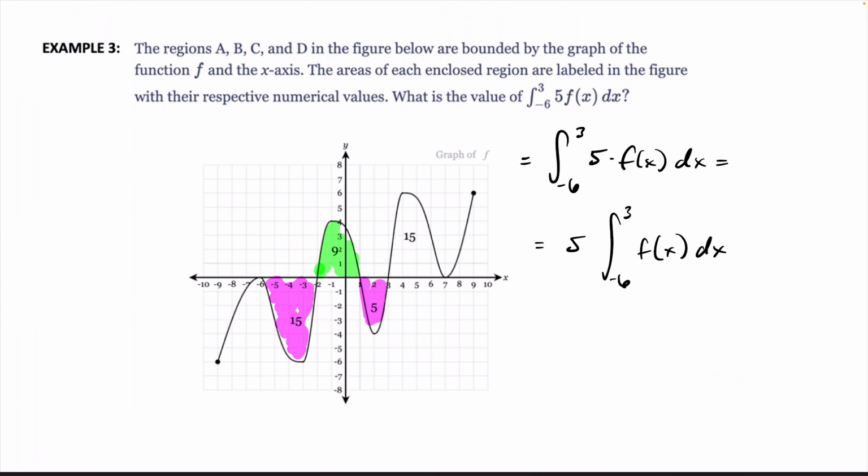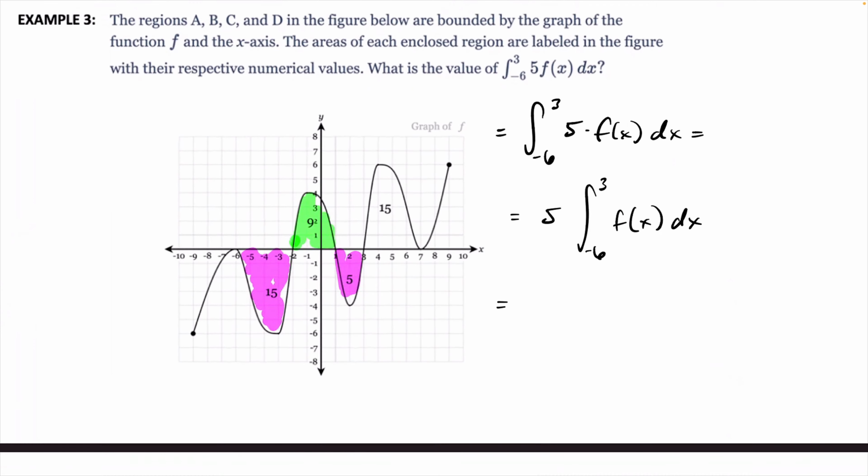Okay. So we got 3 different areas that this covers. So how are we going to figure out what the total area is? So add them together. So when I add them together, I get 29.